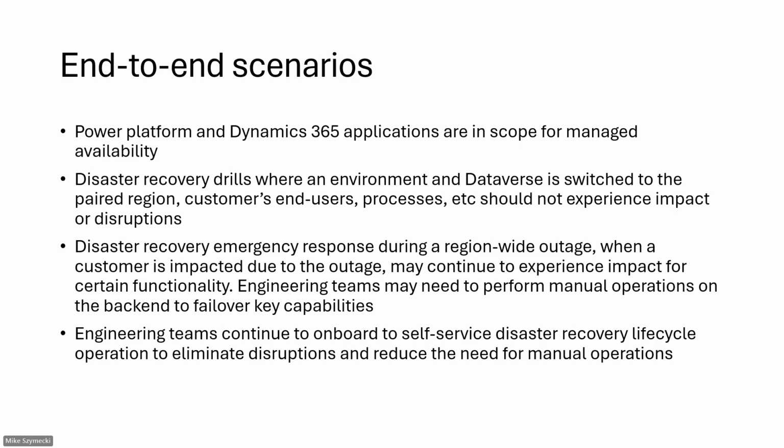So at this time, there are still some situations where, when you do the self-service disaster recovery switch between regions and you go to the healthy region, some functionality might still be impacted.